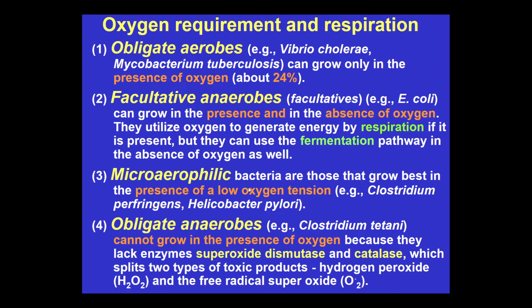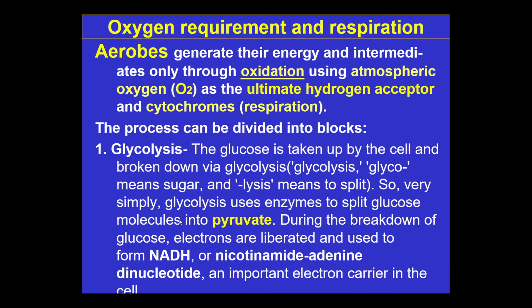Facultative anaerobes and microaerophiles are somewhere in between obligate aerobes and obligate anaerobes. So how do these bacteria derive energy? First, we start with aerobic bacteria. Aerobes generate the energy and intermediates only through oxidation, using atmospheric oxygen as the ultimate hydrogen acceptor and cytochrome respiration.